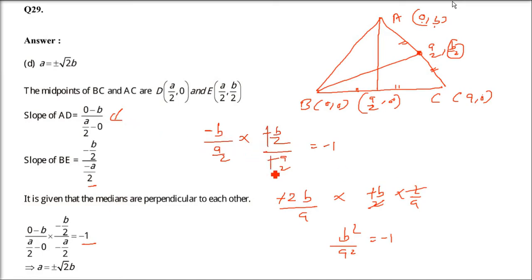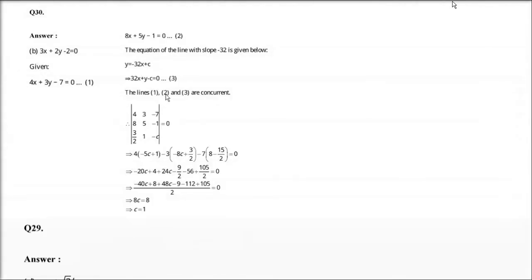The options here are a equals b by 2, b equals a by 2, ab equals 1 and a equals plus minus root 2 by b. We can see the D option is quite close. 2b square equals a square, and a will be equal to plus minus root 2 times b. So this is the one we are interested in, 29D.